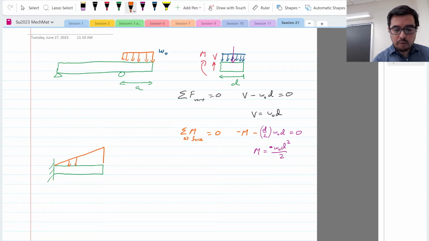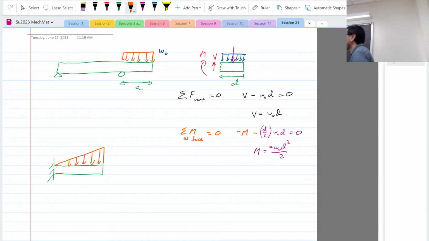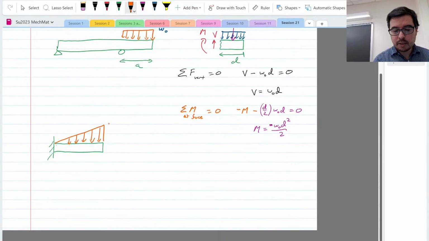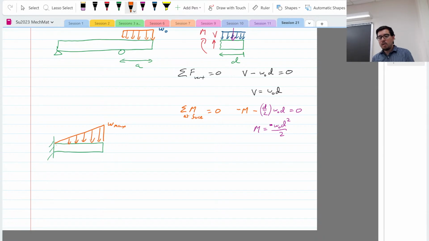And this is kind of a review from statics. This is kind of unpleasant, quite frankly. Okay. Let's just say this is W max. There are a couple ways to do this, all right?